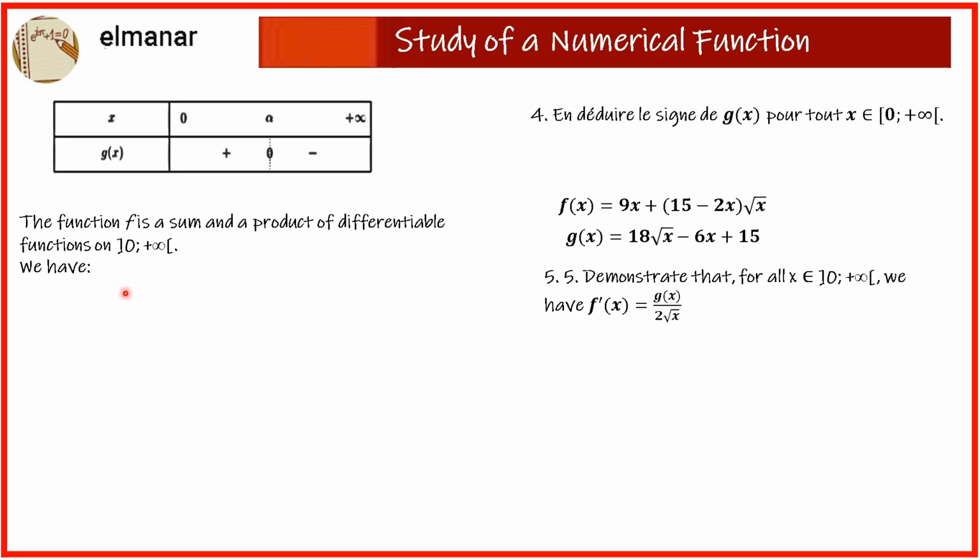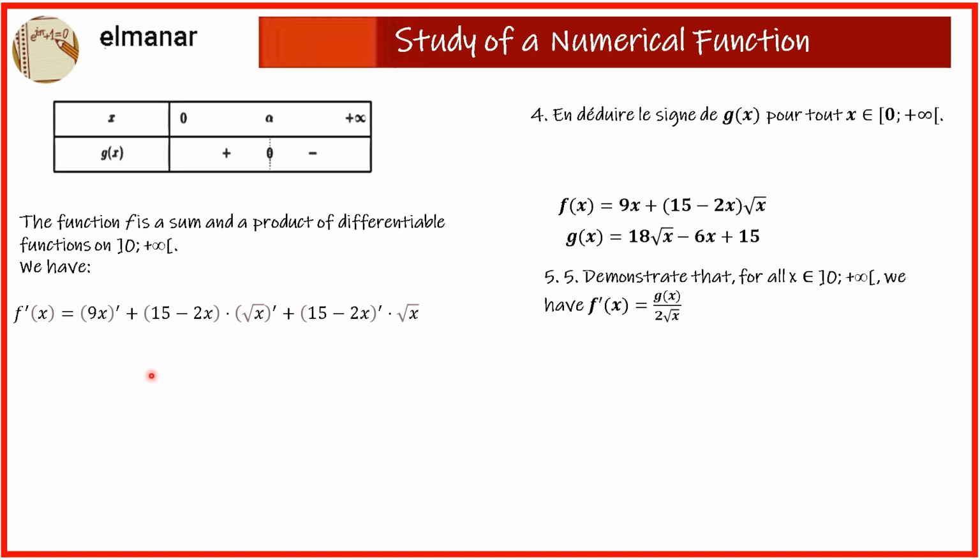We are given the derivative of f of x is equal to the derivative of 9 times x plus the expression 15 minus 2 times x multiplied by the derivative of the square root of x plus the derivative of 15 minus 2 times x times the square root of x.